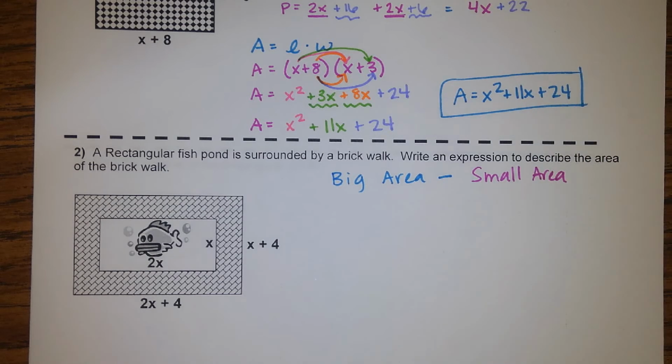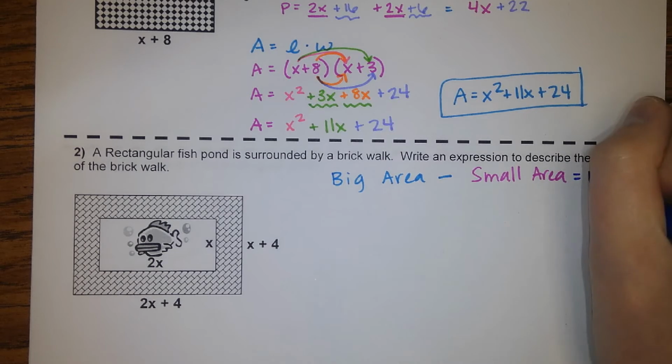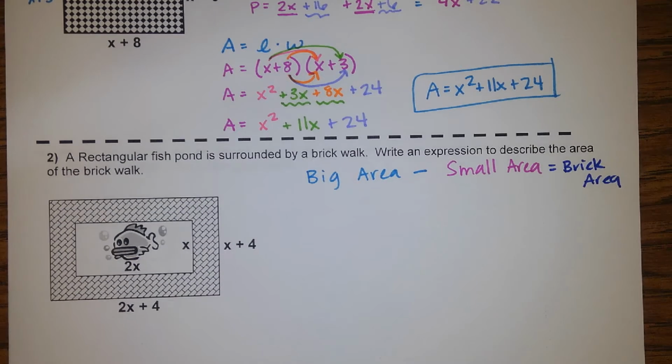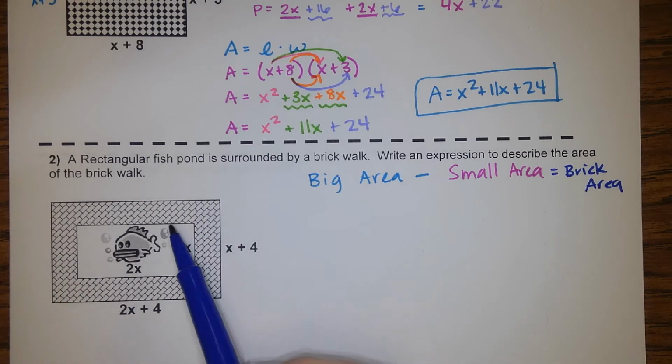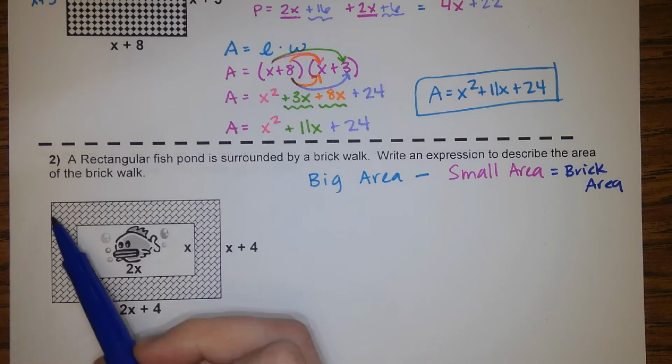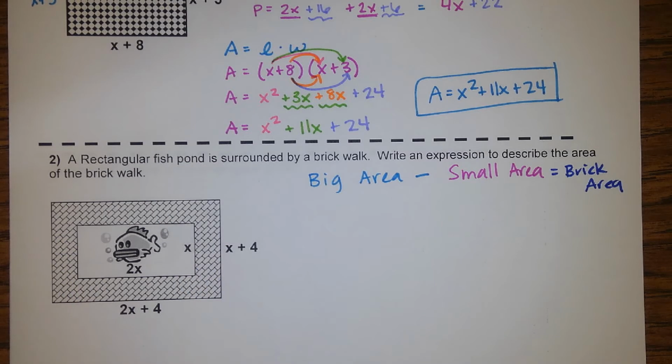And that is what is going to give us that brick area. So we are going to take this big area and then subtract our small area, and that will leave us with the remainder of the brick area.